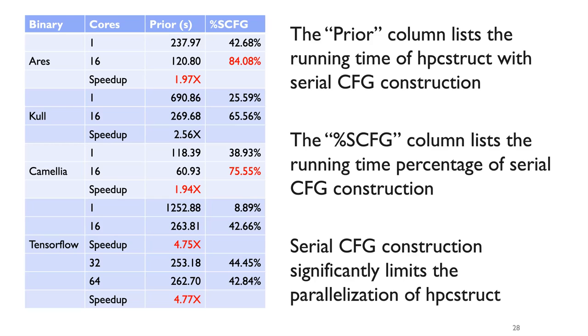The percent SCFG column lists the running time percentage of serial CFG construction. It shows that serial CFG construction is clearly a bottleneck, taking about 40 to 80% of total runtime when HPCStruct runs in parallel. In summary, serial CFG construction significantly limits the parallelization of HPCStruct.